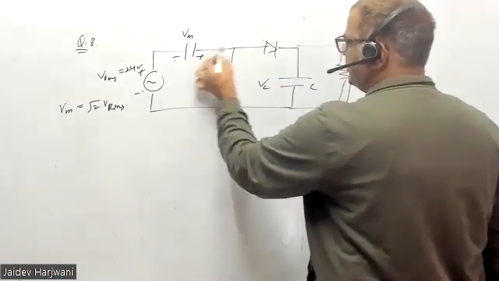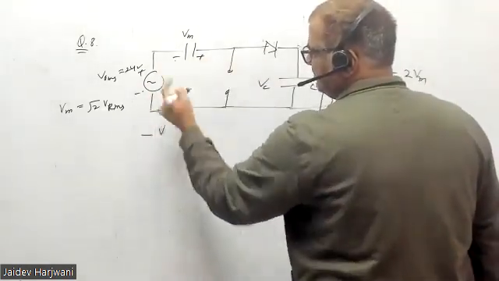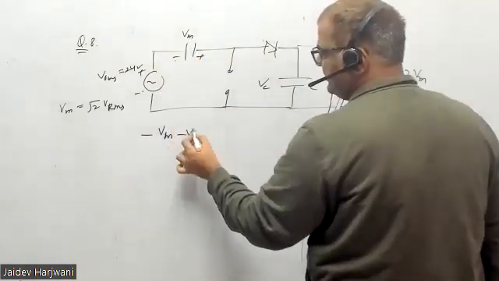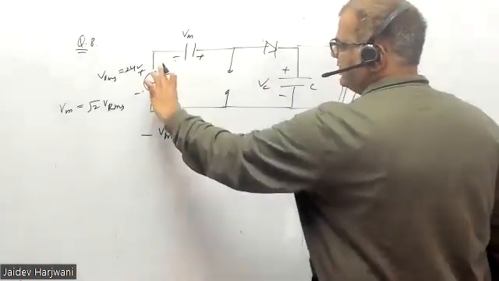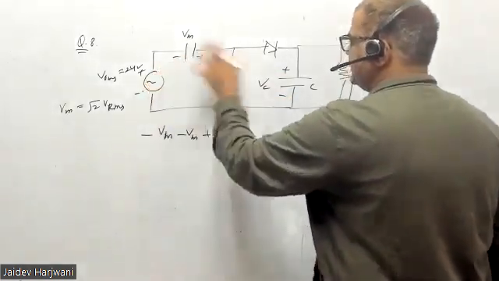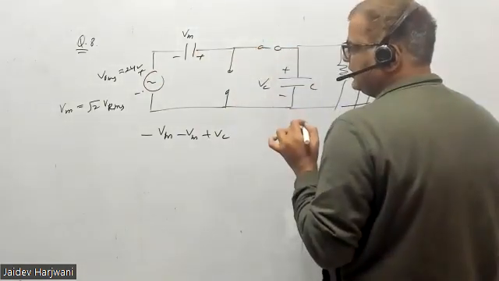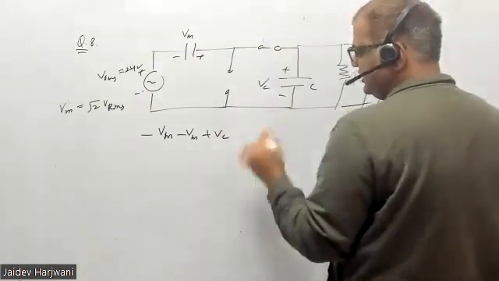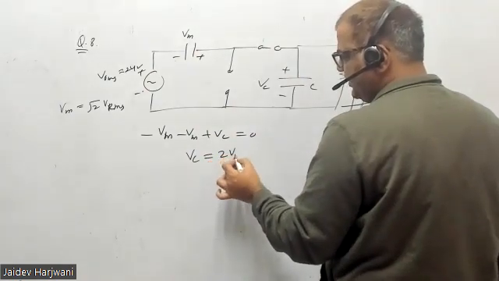So I'll apply condition here. So I have minus, this will be max voltage V input or V max. This is also minus V max, and this is my plus VC in this loop. This voltage, and this will become on. Okay. And if this becomes on, then VC will be equal to 2 Vm.